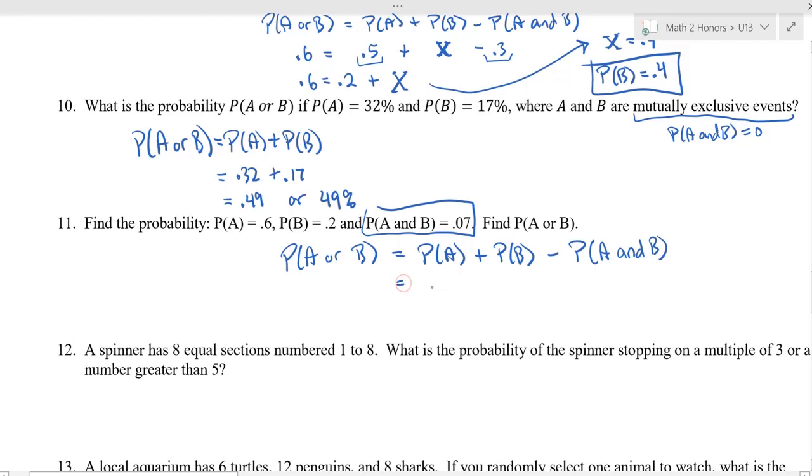Plug in what we need here, so 0.6 plus 0.2 minus 0.07. Careful because the 0.07 has 2 digits after. It might be helpful to think of these as 2 digits as well, so you've got 60 plus 20 minus 7. That would be 80 minus 7 is 73. So 0.73 is the answer for number 11.